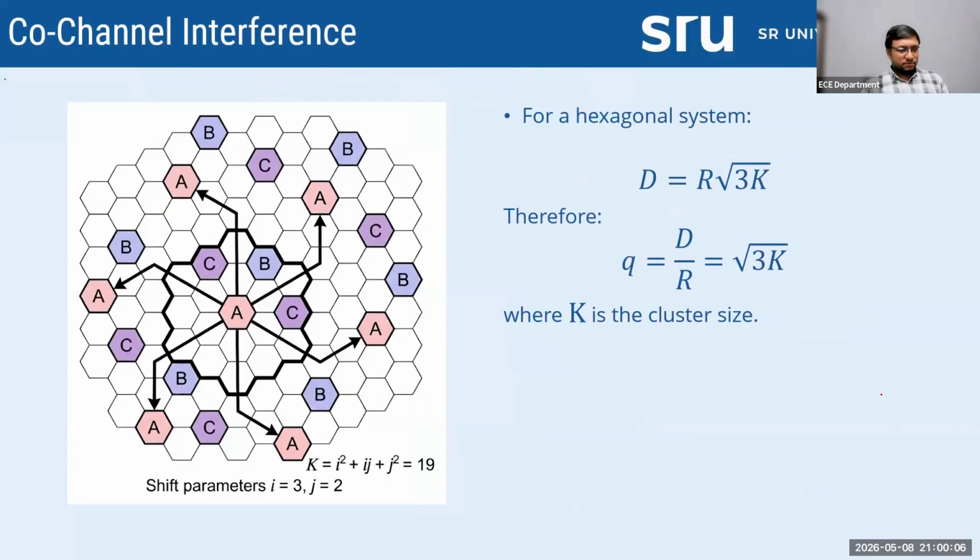So see, in this case, what is happening? Suppose this is the cell number A. So from this A, I want to reach another A. So I am starting my journey straight like that. Then after reaching there, I am bending and I am reaching at this cell.